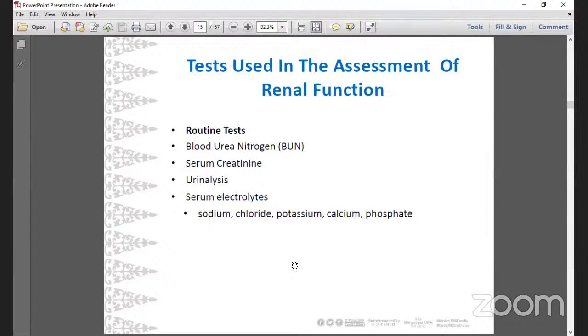There are also other kidney function tests that can be used to assess kidney function, like the kidney enzymes, for example GGT, alkaline phosphatase, and beta glucuronidase.